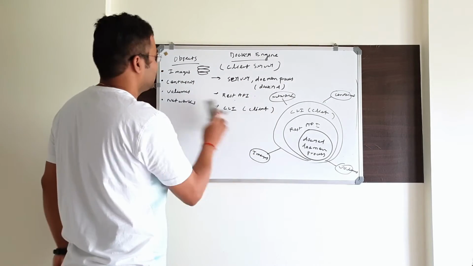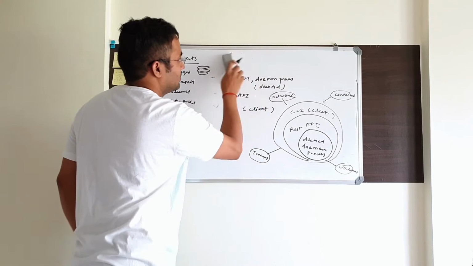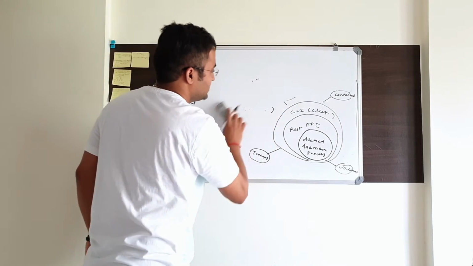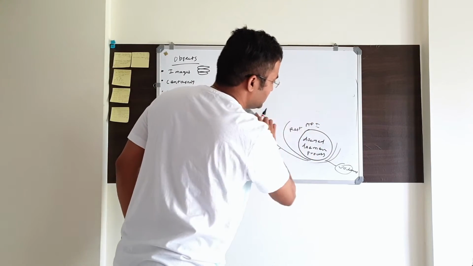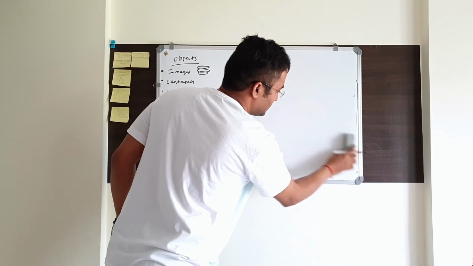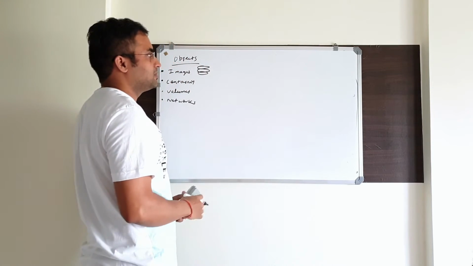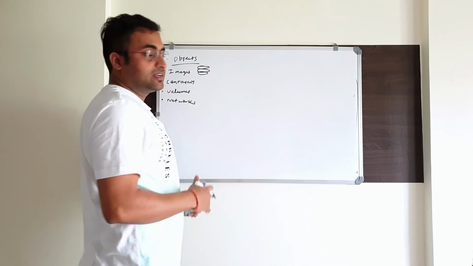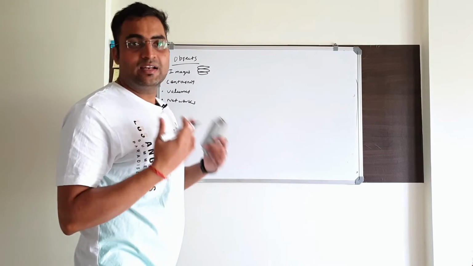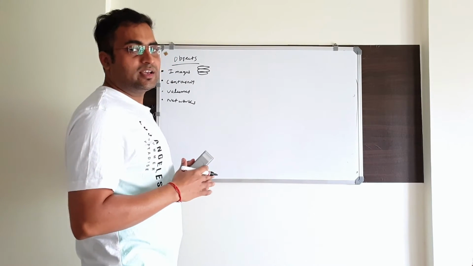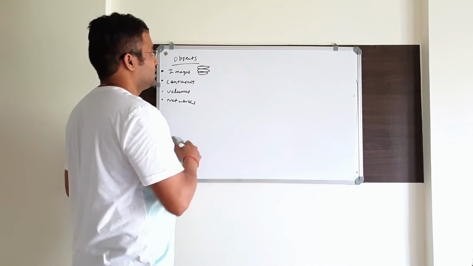Now we'll see what the basic architecture of Docker is. All these things you can get from the Docker documentation also. They have clearly explained it, and they have very nice documentation.